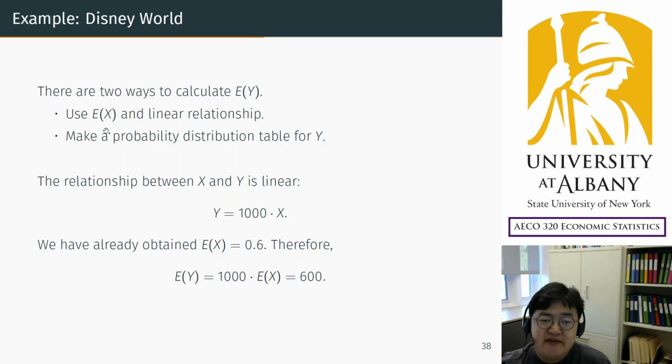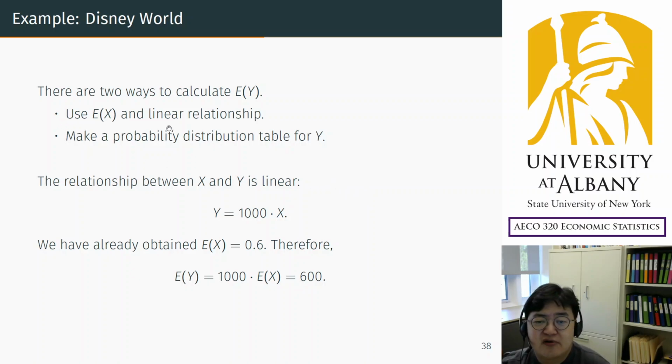But a safer way, without any assumption, is to make another probability distribution table for the new random variable, then make another column for weighted outcome, and just follow the same way to calculate the expected value.